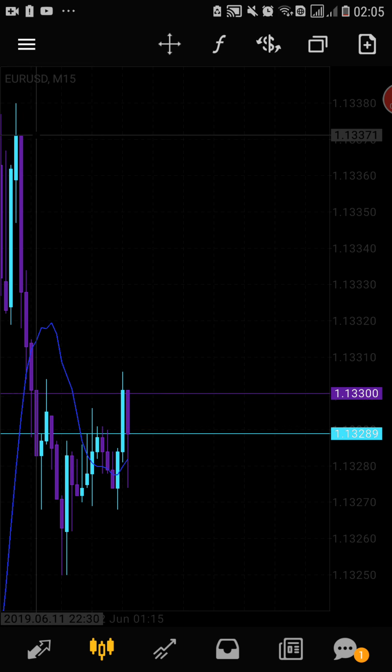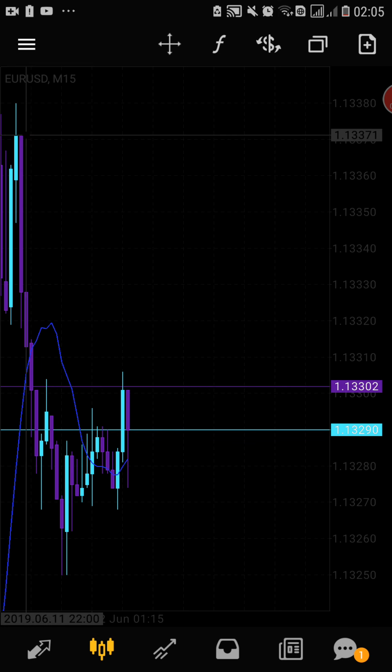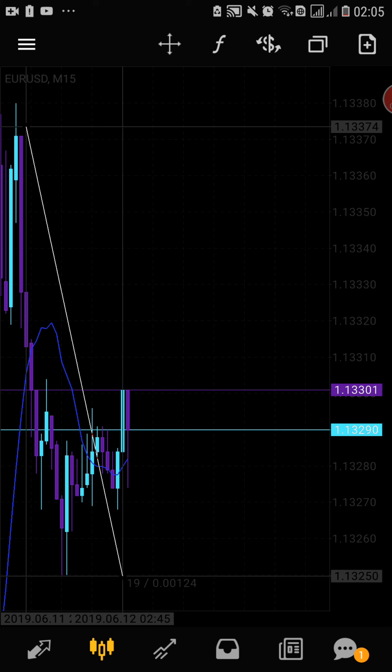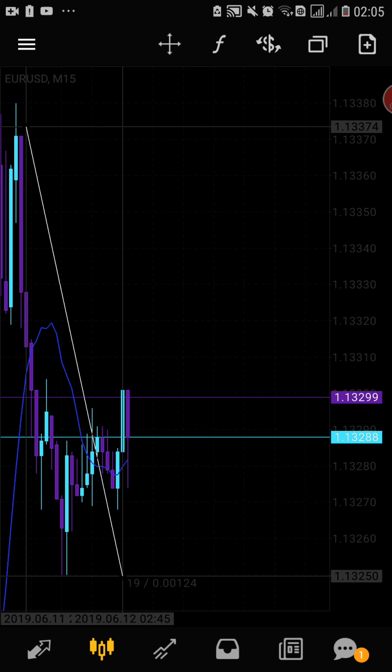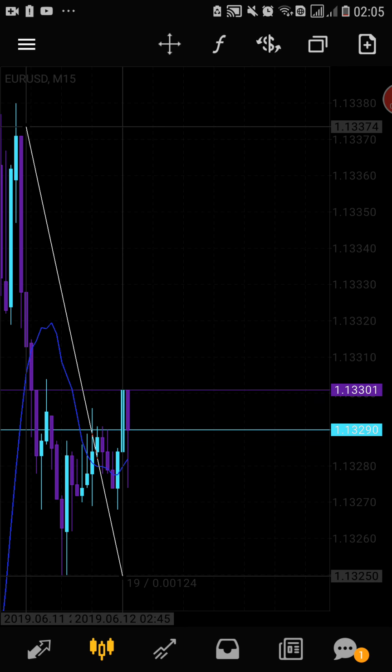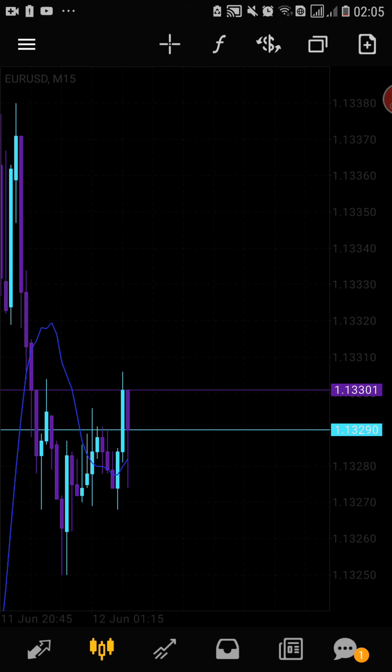And if we get the difference from this top price all the way down to the bottom here, from 1.13374 on top to 1.3250 below, the difference between the top price and the bottom price is 12.4 pips.